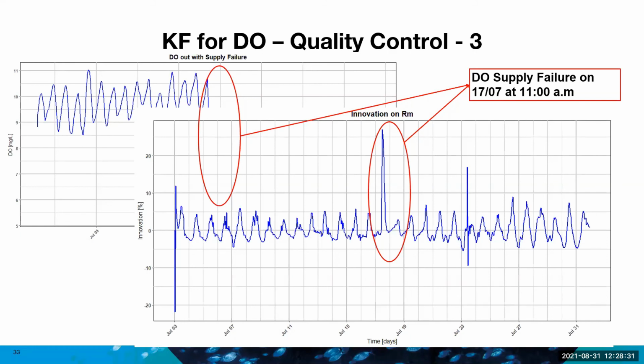So how much it is correcting the forecast it made, and you can see that you have a big peak in the estimation, which corresponds to the failure in the oxygen supply that maybe was not detected by the electro valve or the device itself.